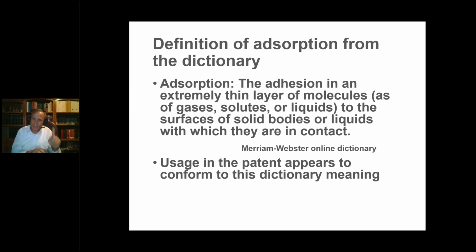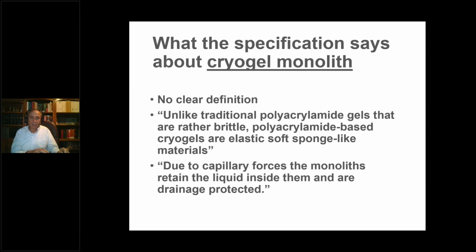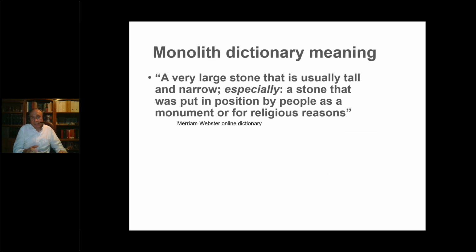Now, this is the tough one, the cryogel monolith. I really had to work to find this one. So it says, unlike traditional gels, these are elastic, soft, sponge-like materials, okay? And the monoliths keep liquid inside them and are drainage protected. The monoliths, okay? And so then I said, well, monolith, obviously I need to know what a monolith is.